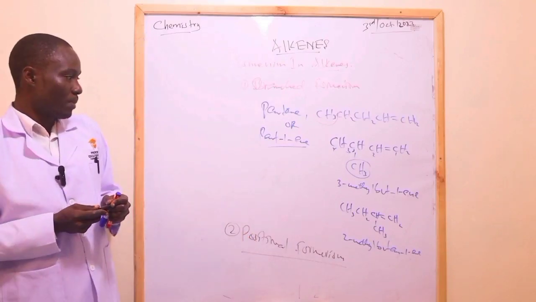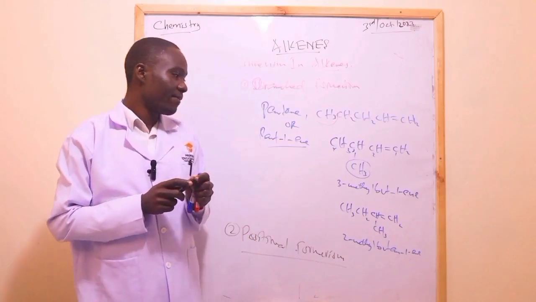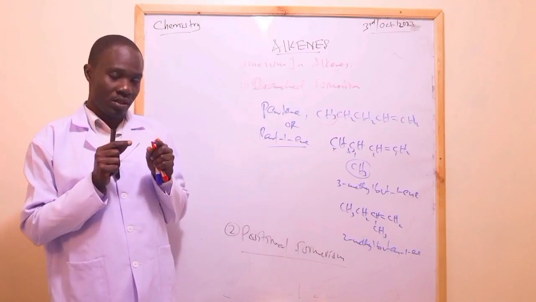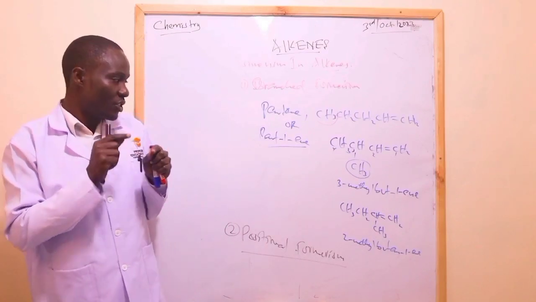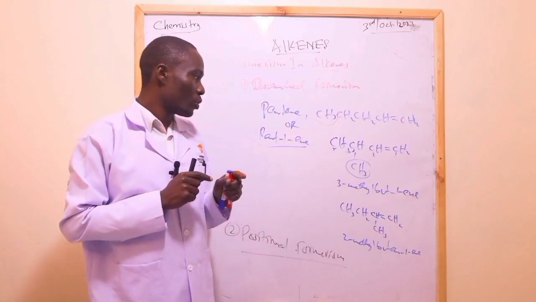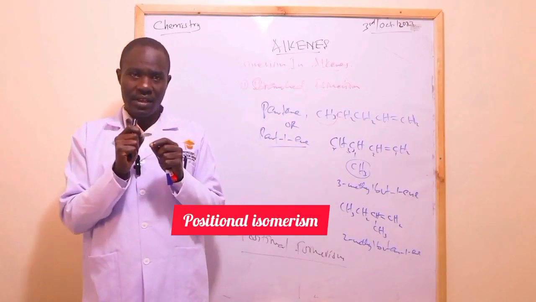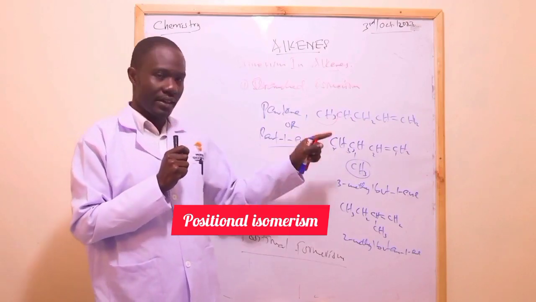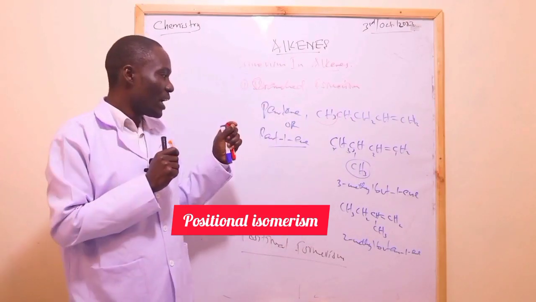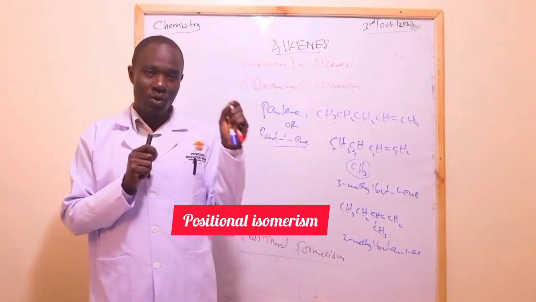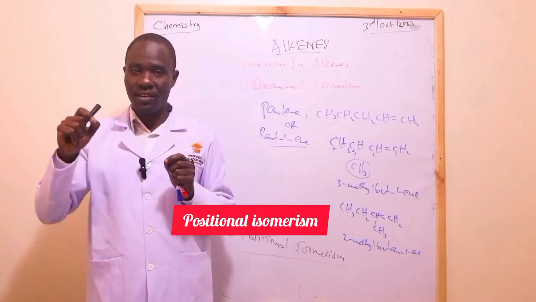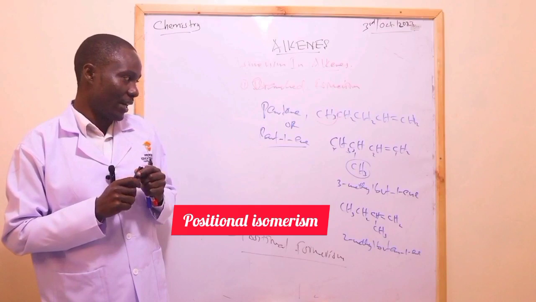We do so by simply moving the double bonds in positions. From the initial positions, we move them. So we shall find that when you move the position of the double bond, then there's a likelihood that a new substance or a new compound will be formed with a different name from the initial one.